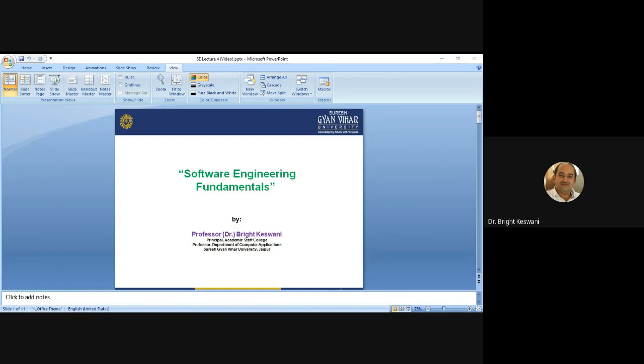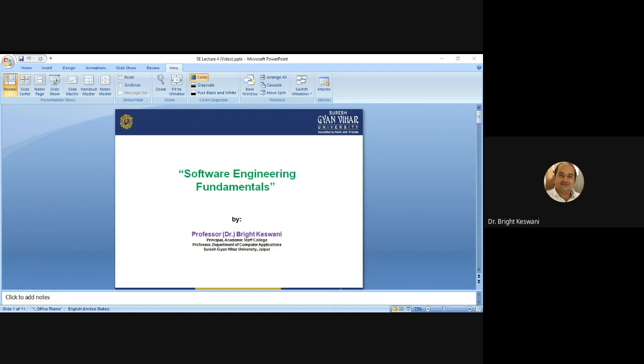Every stage of SDLC produces some concrete result in the form of some document, and the first phase of SDLC, that is the preliminary investigation, where the feasibility study is conducted, has as its outcome a formal report.